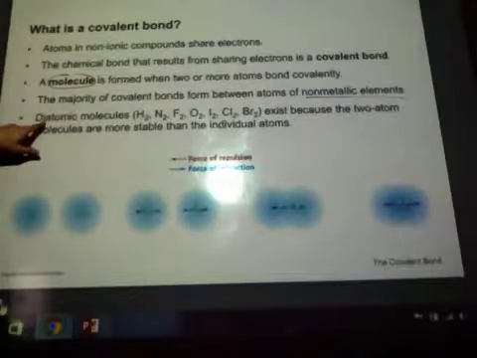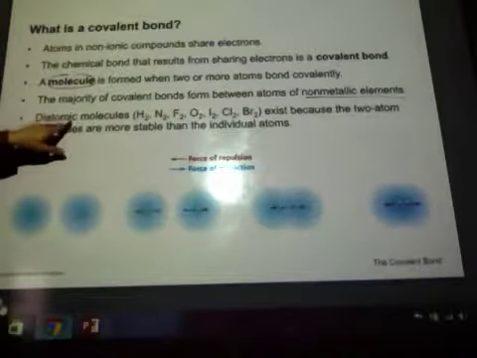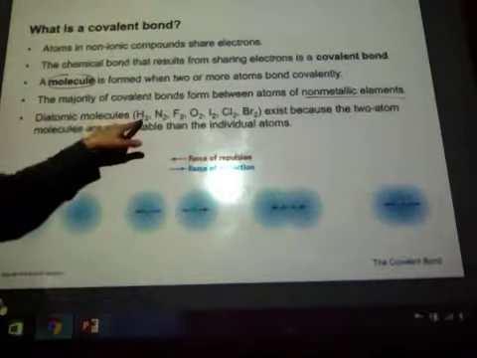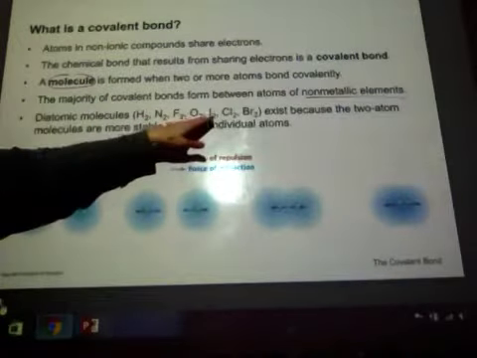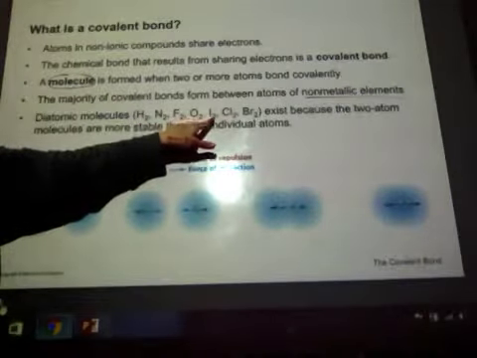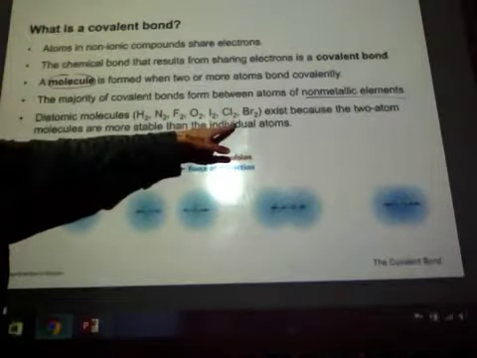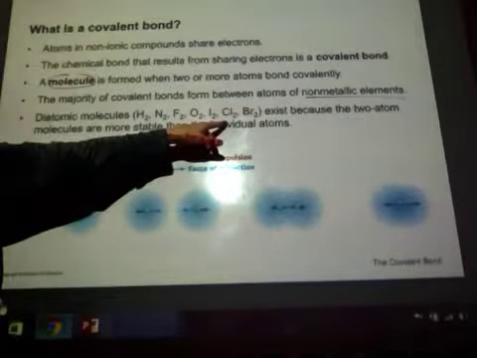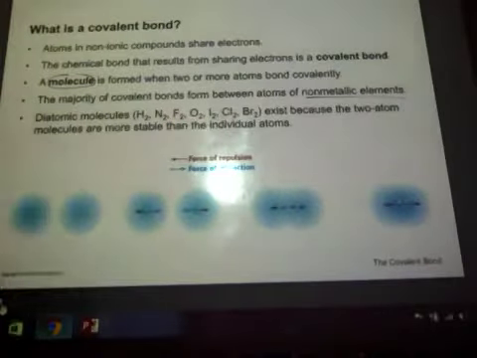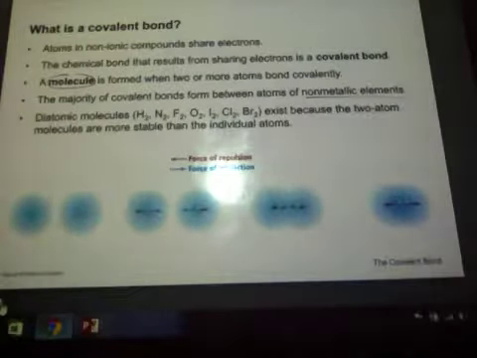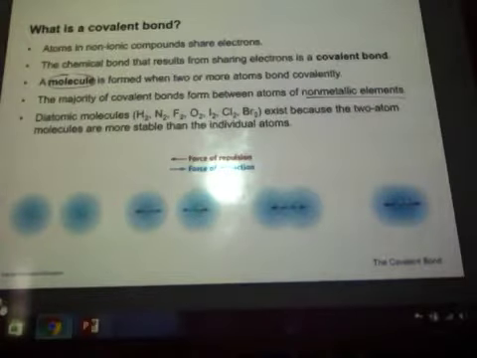Di means two, so diatomic molecules, which I want you to start memorizing these. So if you look at group 7, iodine, chlorine, bromine, everything pretty much in group 7 is diatomic, I2. So if I tell you that I have iodine in my closet, its formula is I2.